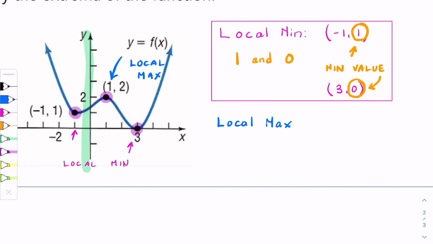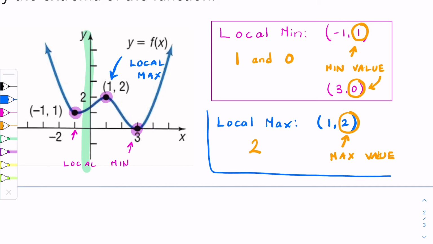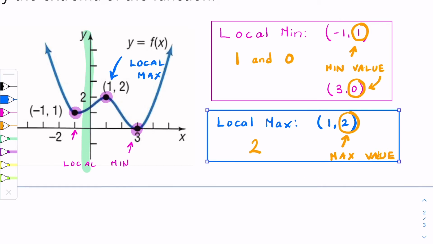All right, for local max, that point occurs at 1, 2. 2 being the actual height, so that's going to be the max value. So we could say that we have a local max at 2. And that's it. So just really what the point of this is just making sure you understand if you have a high or a low point on the graph.